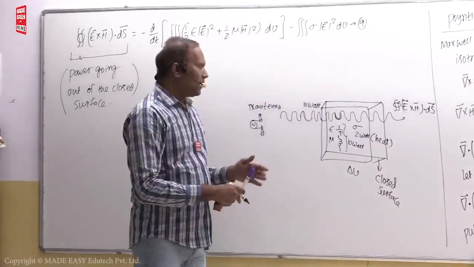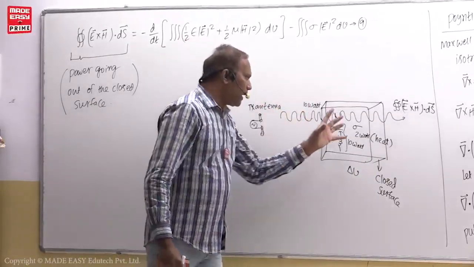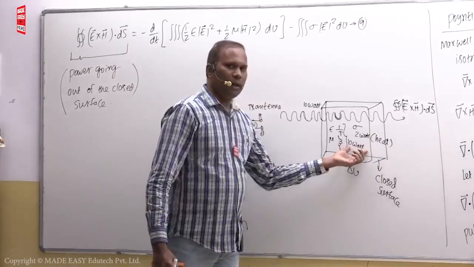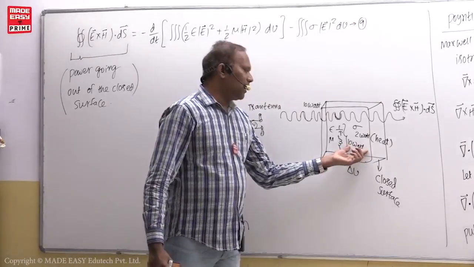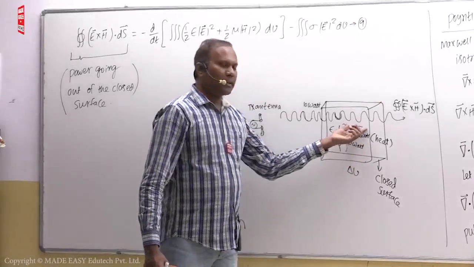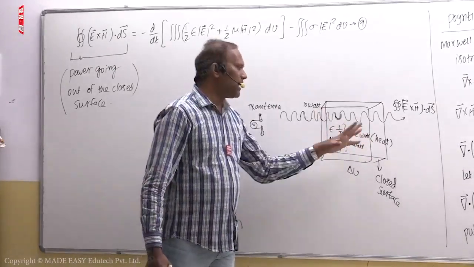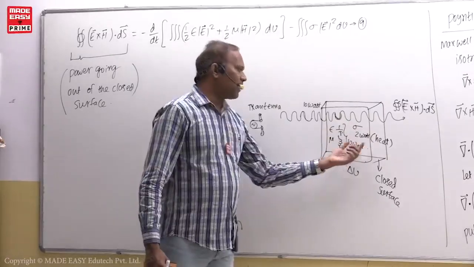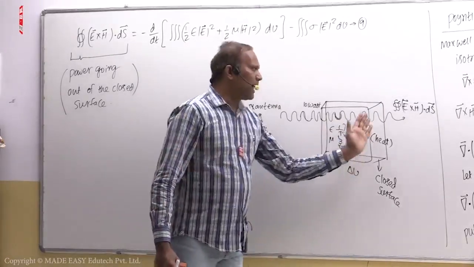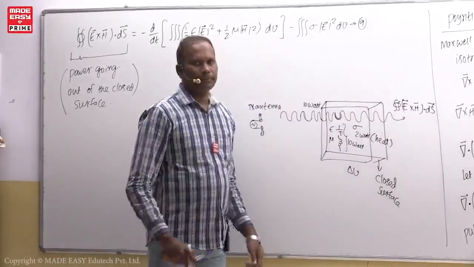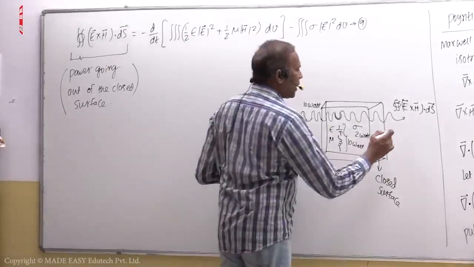Are you able to understand? This EM wave is supplying 10 watts to this volume, and in that volume sigma is there. Because of that, a 2 watt heat loss is there. That is not useful, that is released as heat. Now how much remains? 8 watts. That 8 watts only goes out.